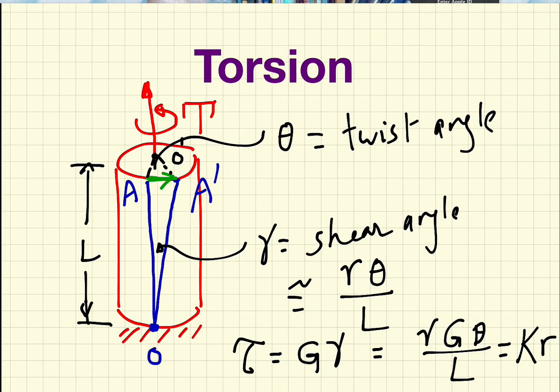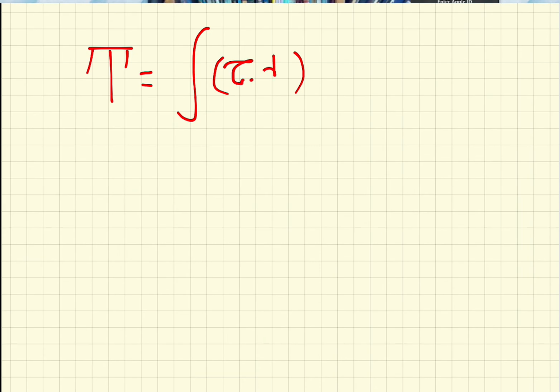So if we just consider another consideration here for the shear stress, then we can say that the applied torque should be equal to the integral of the forces, which is the shear stress times the area. This is the force that is generated in the element of area, and this we multiply by the distance away from the center.